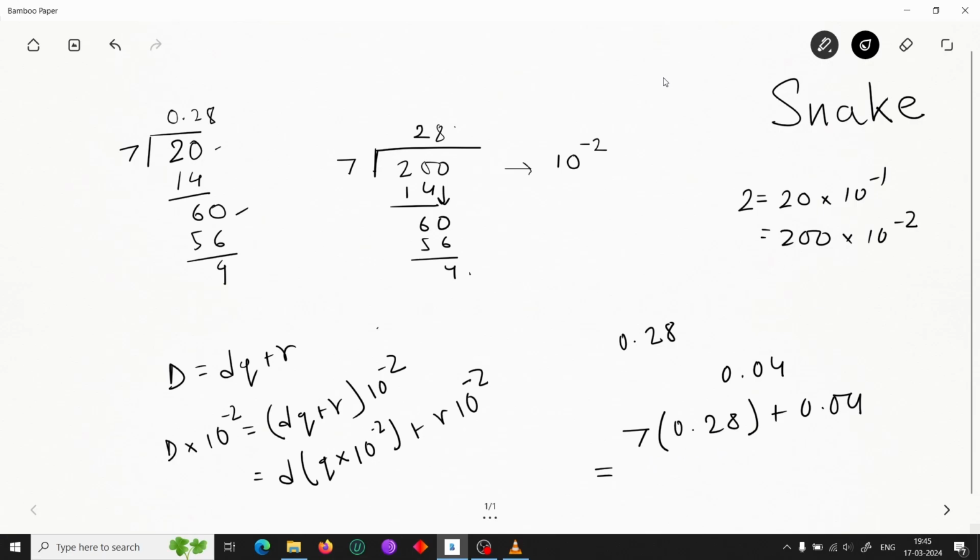So let's multiply this. 28 times 7, 7 times 8, 56, 7 times 2, 14, 14 plus 5, 19. So 1.96 plus 0.04, and that gives me an answer of 2.